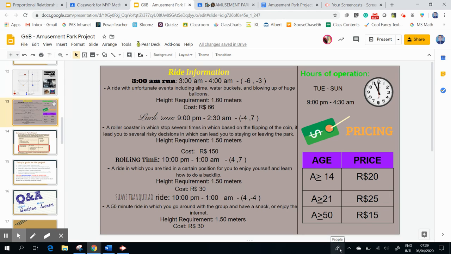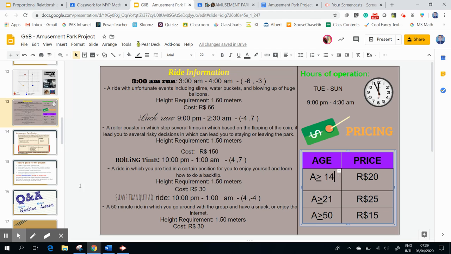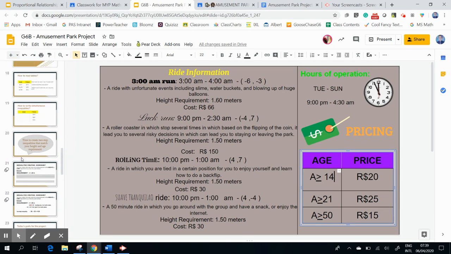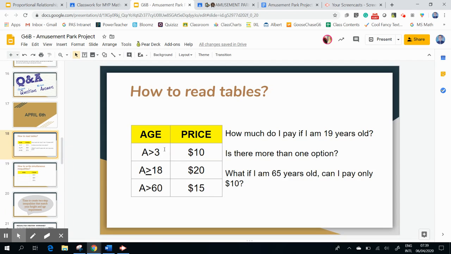Since it was an amusement park that was opening at night, he decided to have just people who are over 14 years old allowed to go into the park. Well, here I have an example of a park that has people for all ages. But I have a question here. According to these inequalities that I have here and the price on this table, how much do I pay if I am 19 years old?